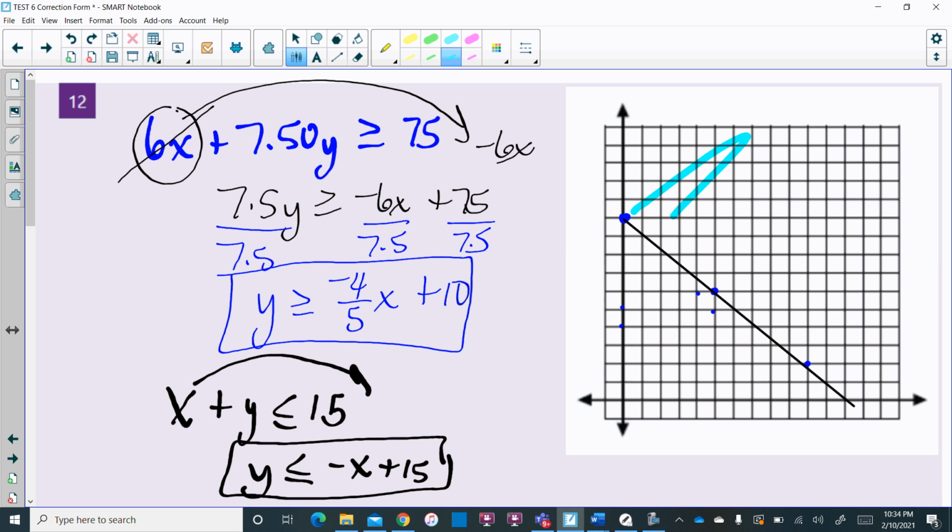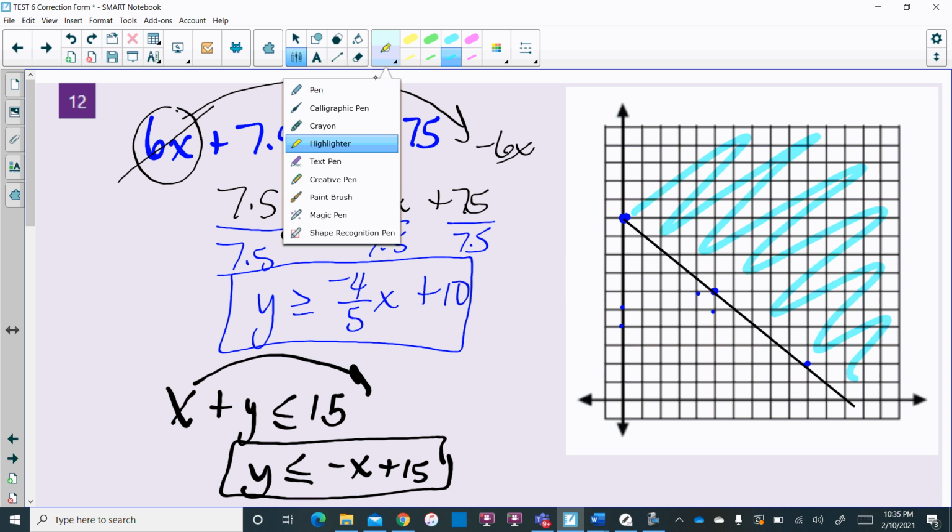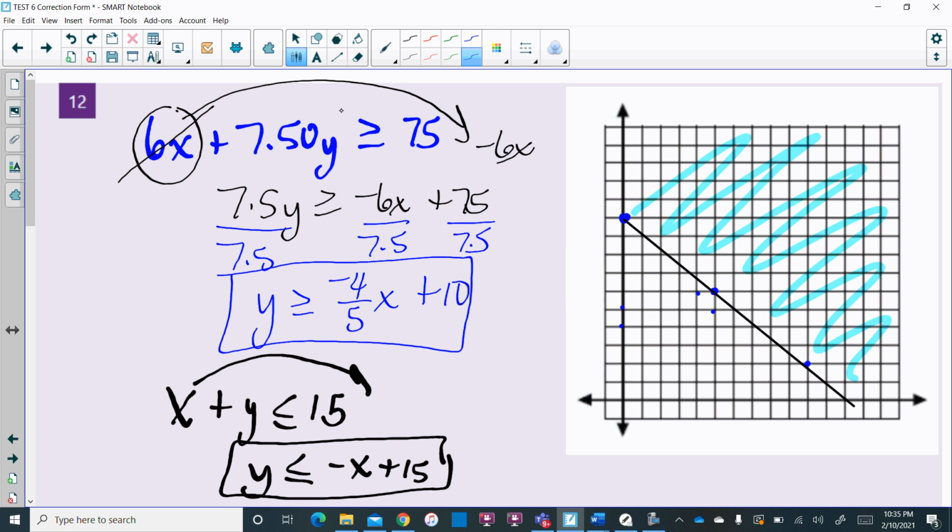So this one starts off with the shading above, right? Then I do my second line. This one is less than or equal to negative x plus 15. I'll make that line red just so we can see it. So plus 15 is all the way at the top. It has a negative slope of 1, so down 1 to the right 1, down 1 to the right 1.